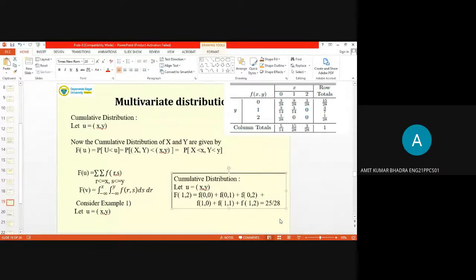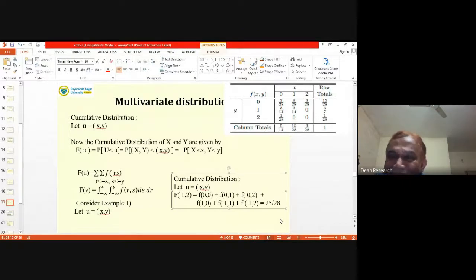Sir, 1. Yeah, you should. Because in that case, your third column also comes into play, right? And the third column, you have got only 3 by 28, as you rightly said, 25 by 28. If you want to get capital F of 2, 2, you'll have to add 3 by 28 to this. You get 28 by 28, you get 1.